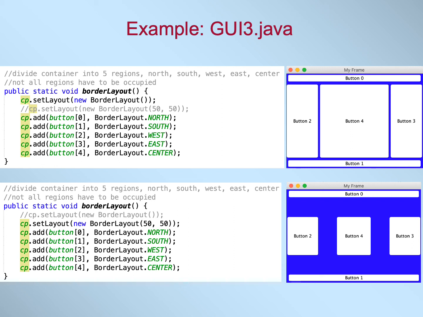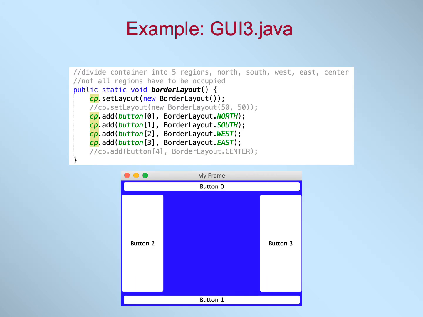The right hand side is the screenshot of what should appear. The second one, I use the constructor where I have written my horizontal gap and also my vertical gap to 50. In the screenshot, you can see that there are gaps between the buttons.